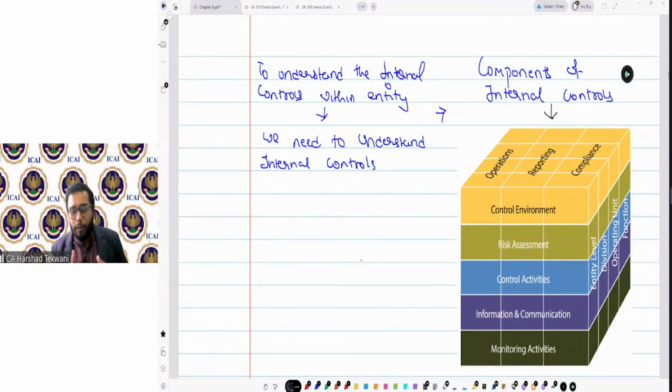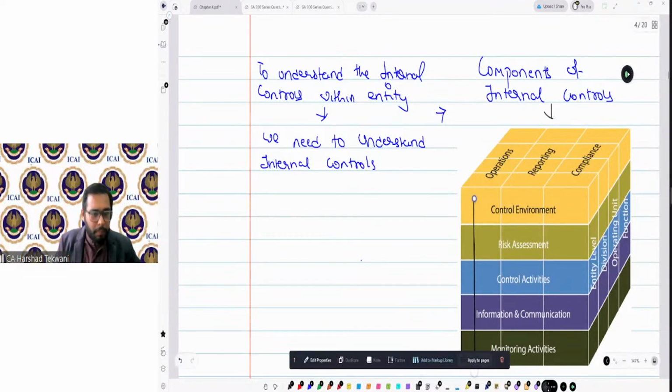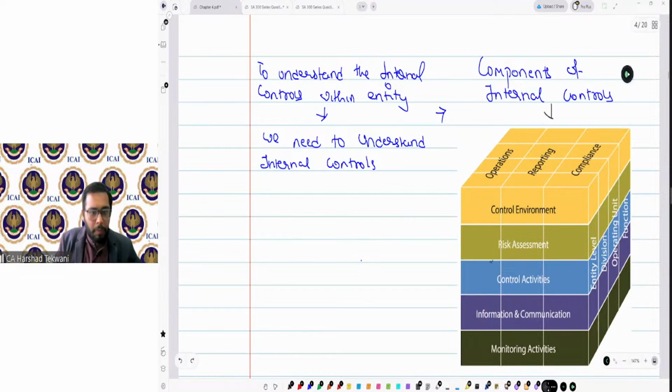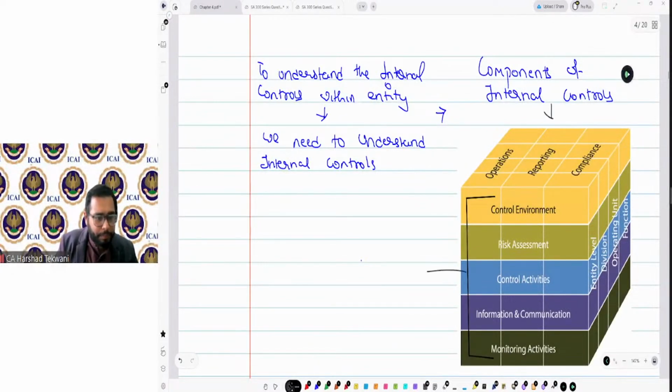So when I say COSO framework, you see this particular part over here. This is nothing but the components of internal control.